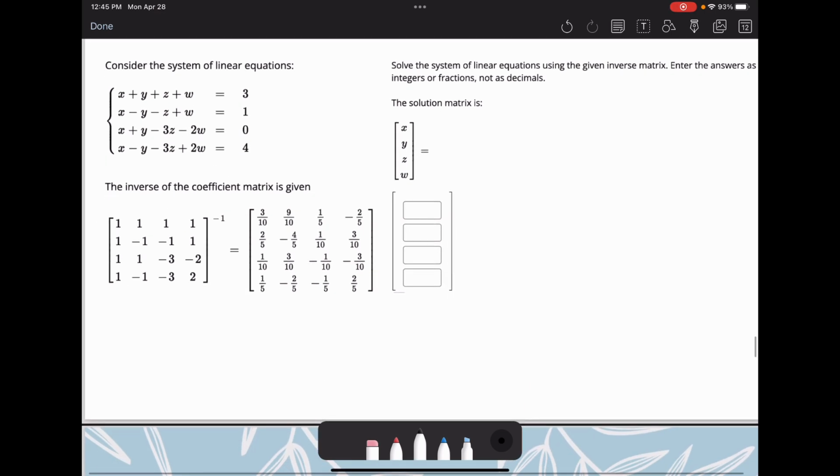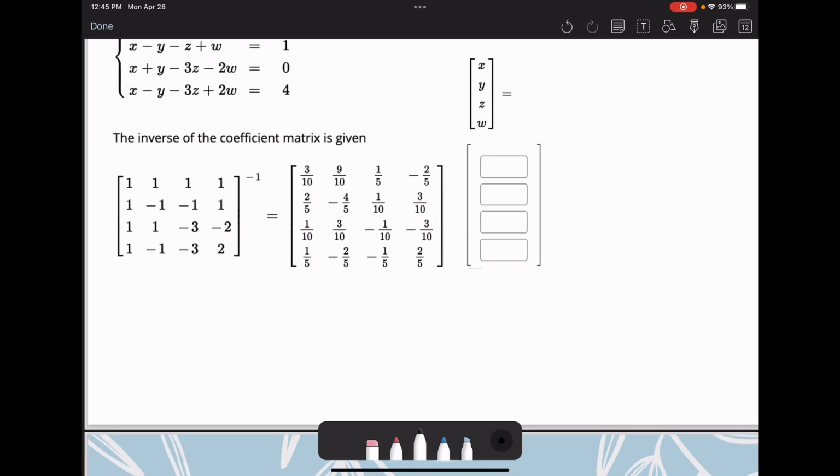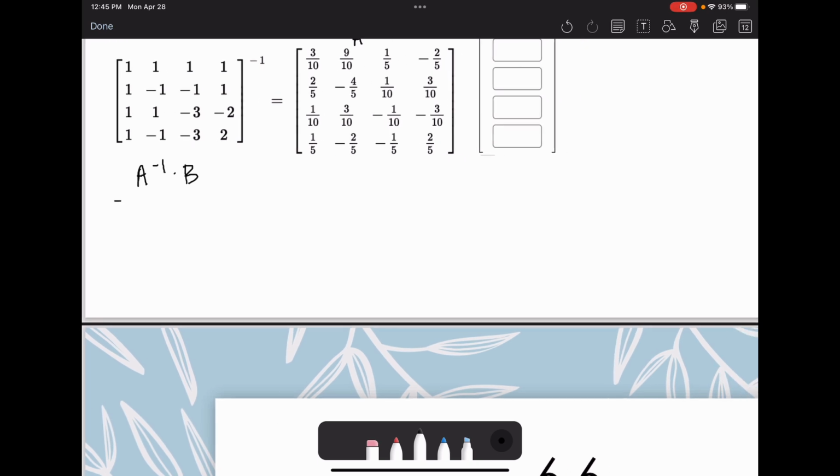So this is A inverse. This is our B matrix. So we're going to do A inverse times B, and then that will give you X, Y, Z, W. So A inverse is 3/10, 9/10. You know what?